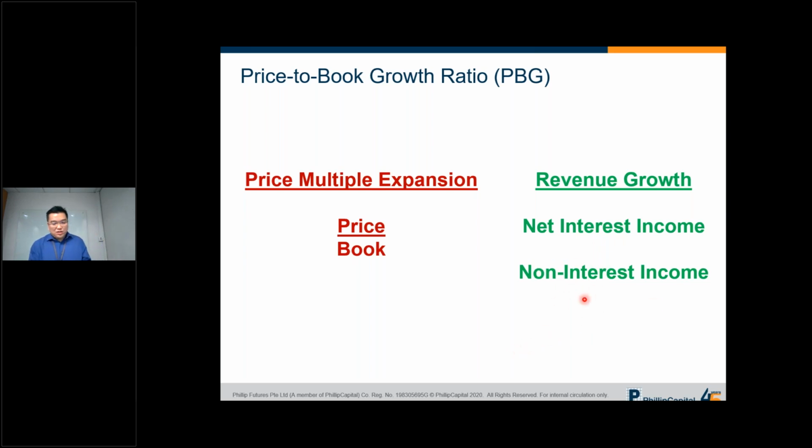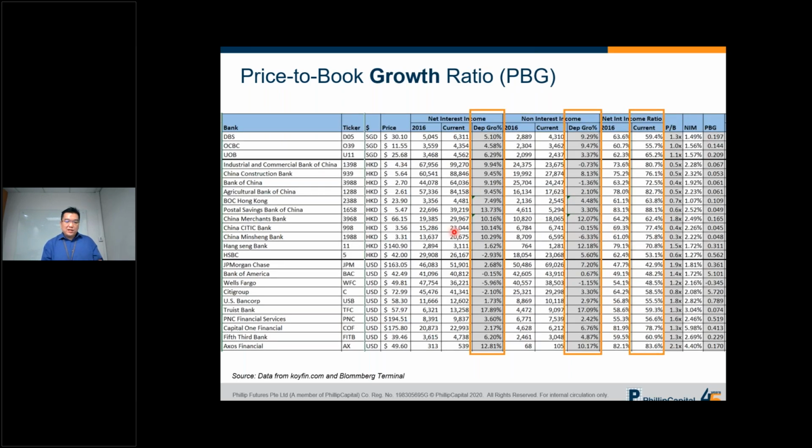We see that in major banks like JP Morgan, where now their net interest income is less than 50%. In our local banks as well, it's getting lower. For example, just look at the three banks, at this last column on the net interest income ratio.